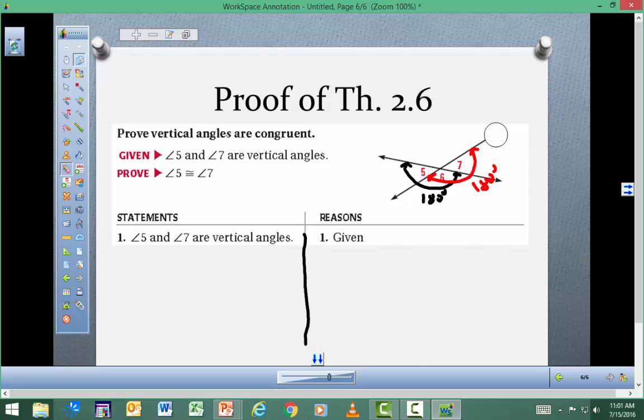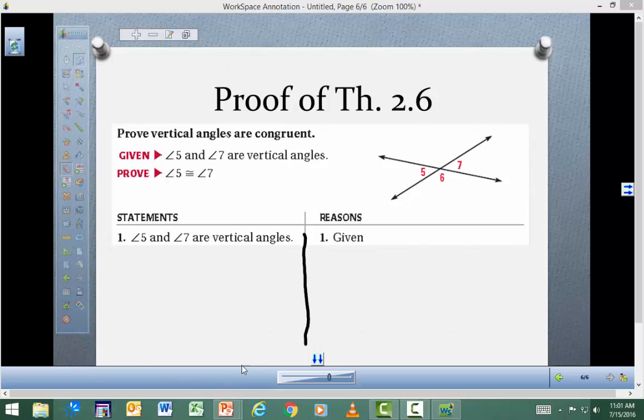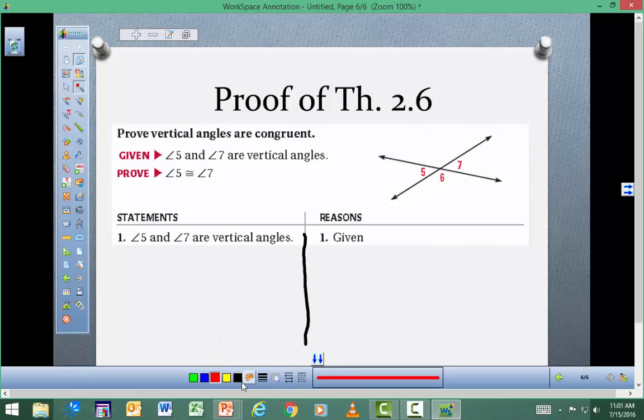So how do we write this? Well, first thing we can do is that linear pair idea.